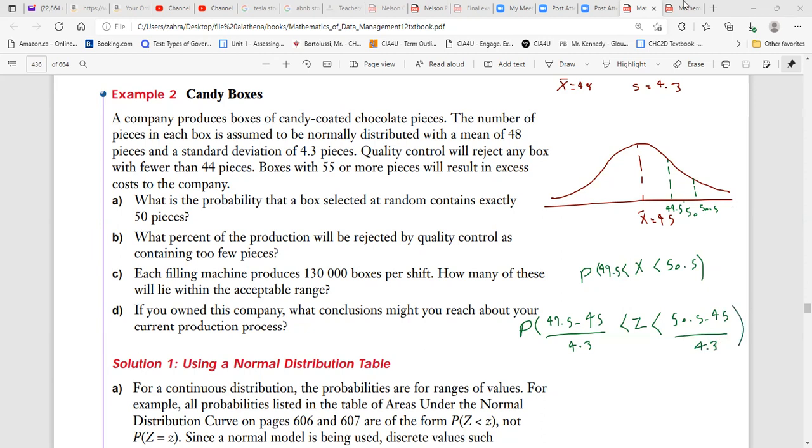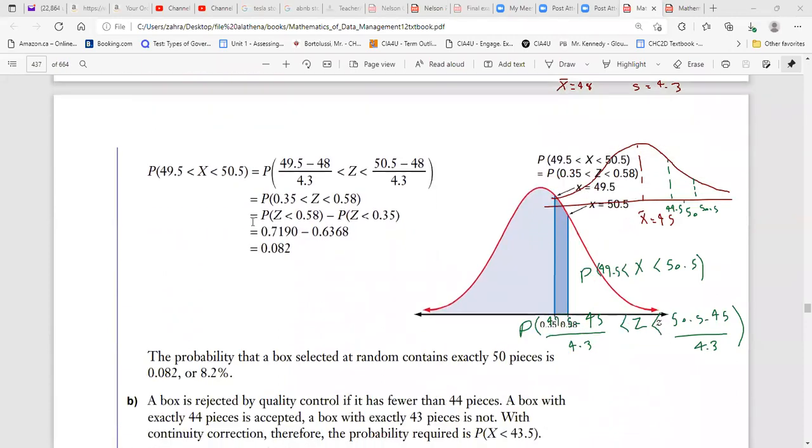If you calculate that, these are 0.35 and 0.58.